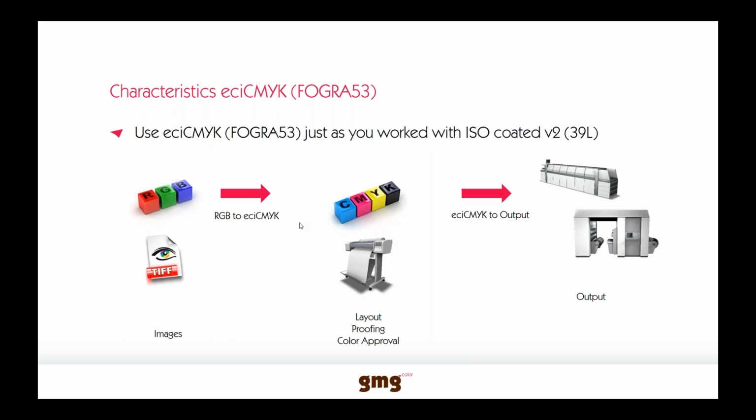Okay, where will you print it, whatever, and they are always or mainly prepared in FOGRA39 without even knowing will they be printed maybe uncoated, will they be printed digital, whatever. And just for that case, FOGRA53 is used. So of course you can, it's the same use case, you will convert from eciCMYK to a FOGRA uncoated, to FOGRA52, for instance, as output condition. So FOGRA53 is process independent.